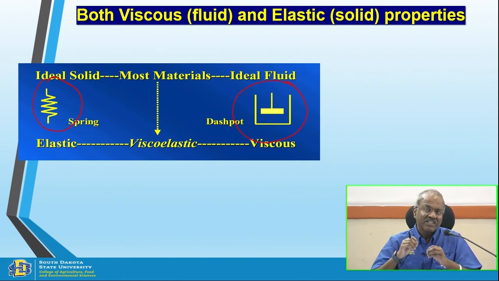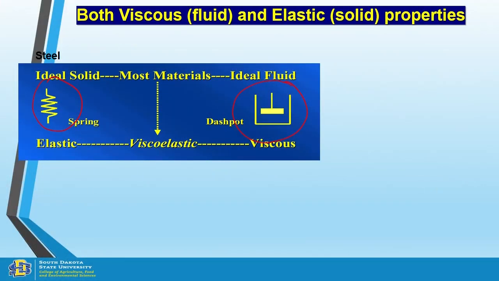We try to understand our food material in a classical sense. That's why we call it viscoelastic. So, steel is a pure ideal solid, elastic. Water is an ideal fluid. Not only water, oil, any Newtonian fluid, those are all ideal fluids. They do not have any elastic component.